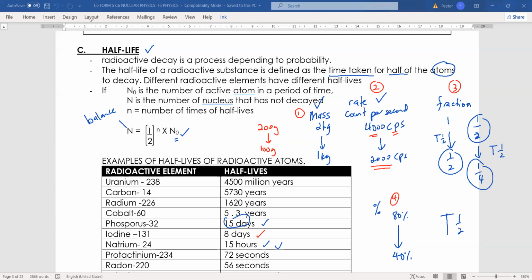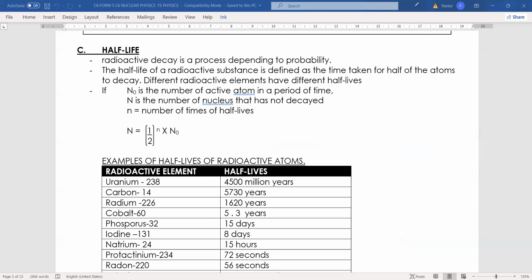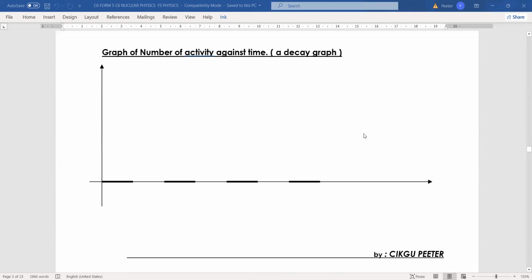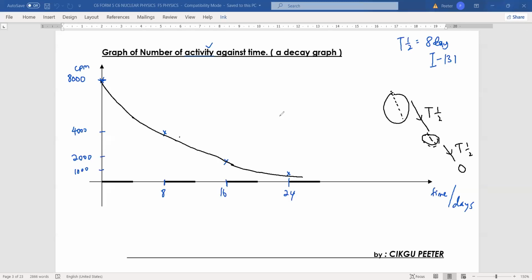Next, let's see what happens. Look at the graph. How do we understand the graph of a radioactive decay system? A half-life graph is always a curve like this, and it will never intercept the time axis x.